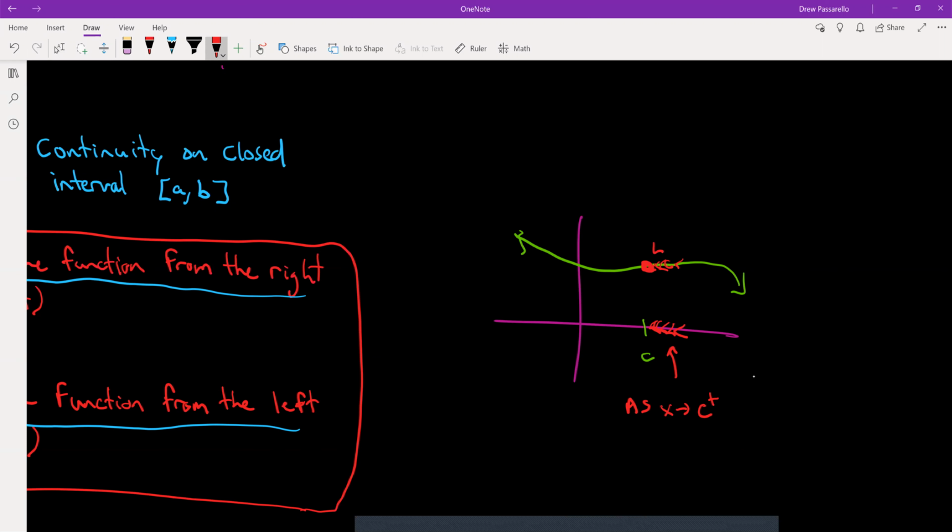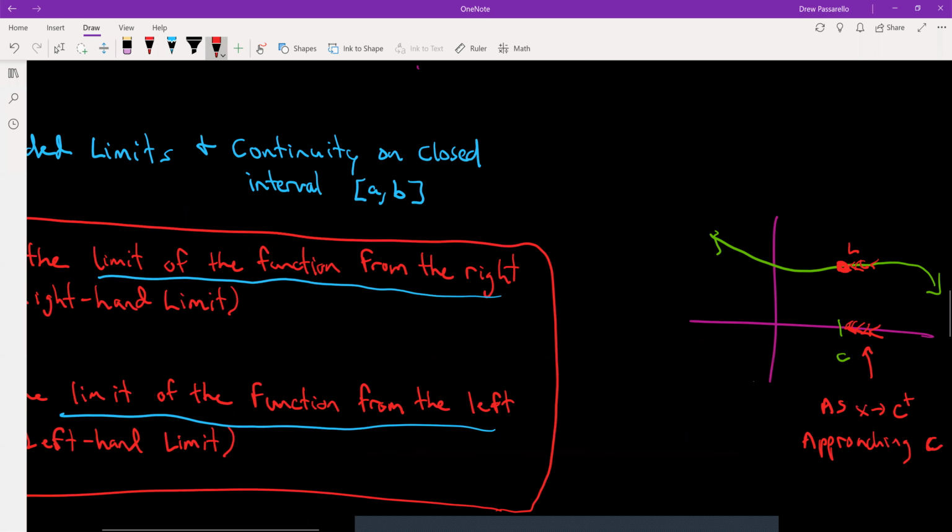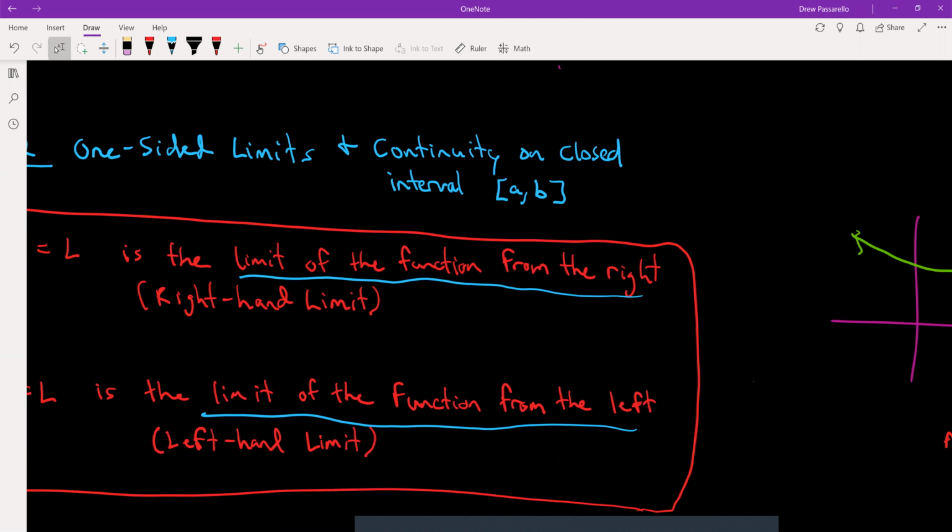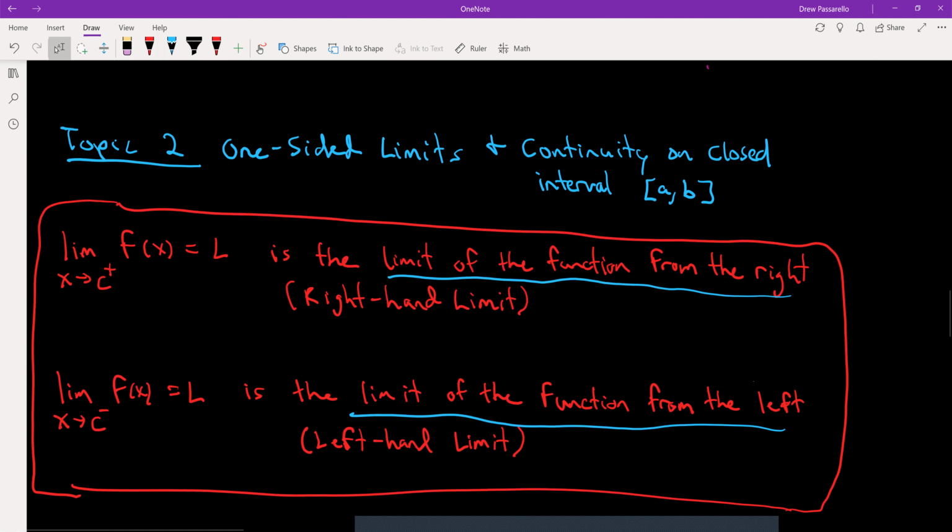So this means approaching C from the right. And that's called a right-hand limit. And then we could have the same thing when it approaches C from the left.